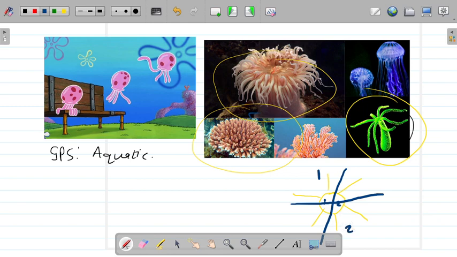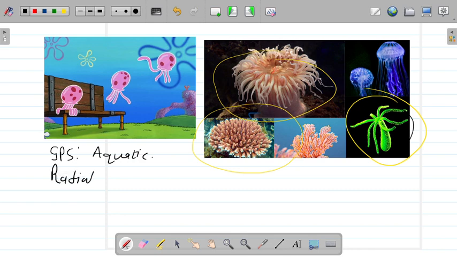So basically, I can cut it from any plane, and this organism produces two identical halves. Now we come to the symmetry of this organism. We say that this organism is radially symmetrical. It has radial symmetry. Whether they are free swimming or sedentary, all of them have radial symmetry.